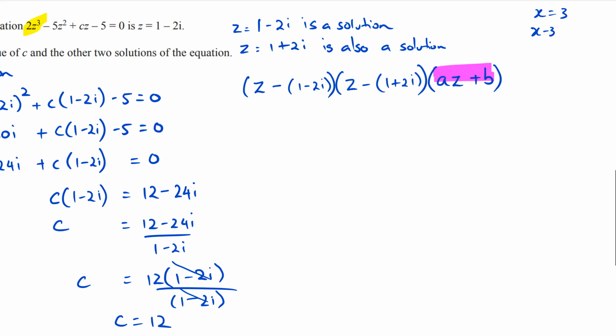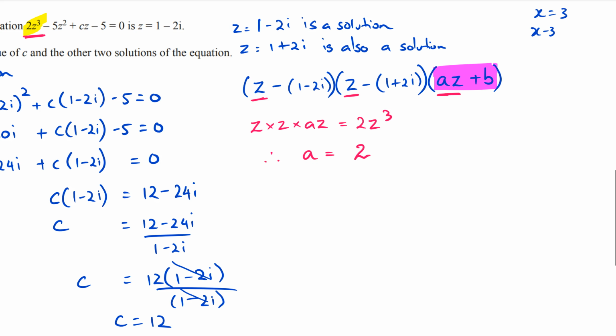We can figure out what a is, because z multiplied by z multiplied by az should equal 2z cubed. So z times az should equal 2z cubed. Therefore, we can say that a is equal to 2.